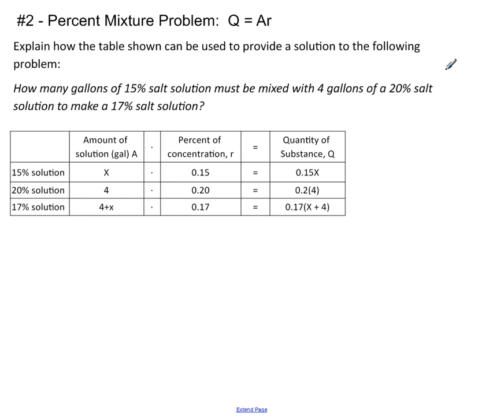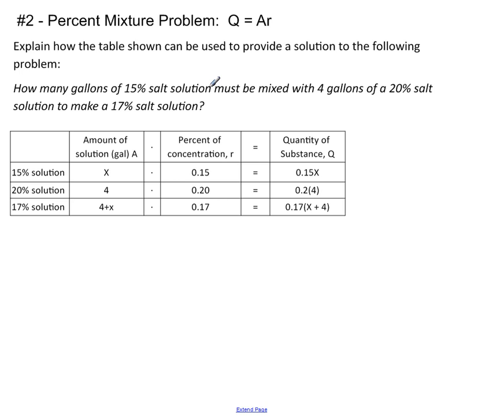The only difference here is that we're talking about a percent mixture, and in a percent mixture, we say that the quantity of a substance within a mixture is equal to the total amount of the mixture times the percentage amount R of material in concentration in the total substance.